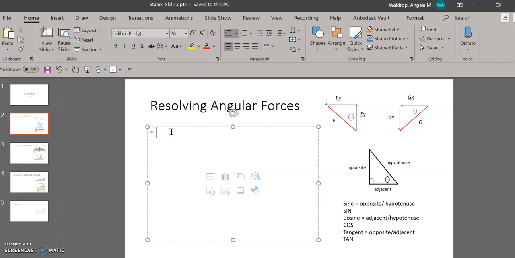So if I'm trying to resolve the forces, I'm trying to get this F into Fy and Fx components. So I want to say Fx is going to be equal to F, the hypotenuse, times either the sine or the cosine of the angle. If we take a look at this, the Fx is opposite of the angle, so we are going to use sine of theta.